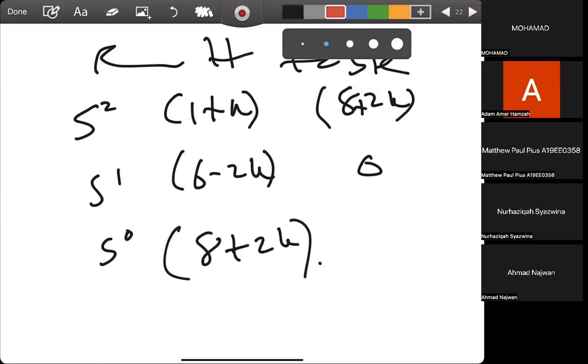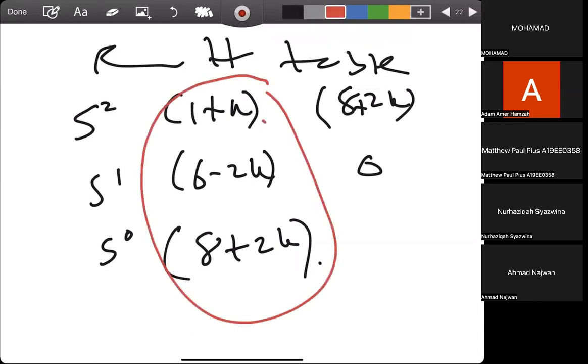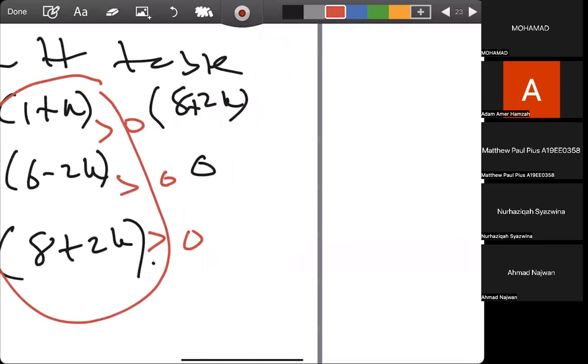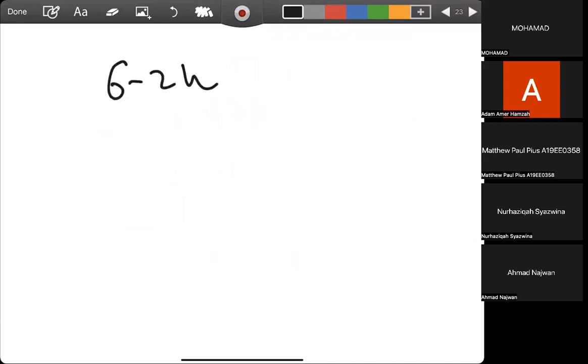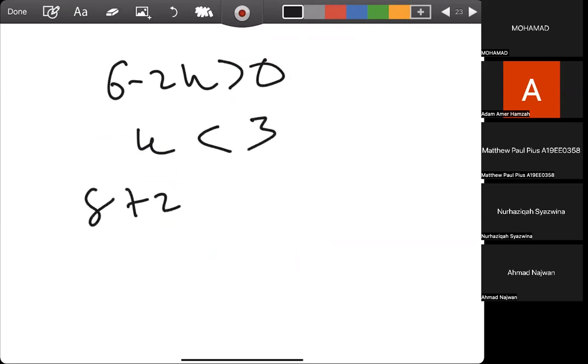So look at the first column. Each of them must be greater than 0. So 6 minus 2k greater than 0, simplified, so you get k less than 3. 8 plus 2k greater than 0, simplified, so you get k greater than minus 4.